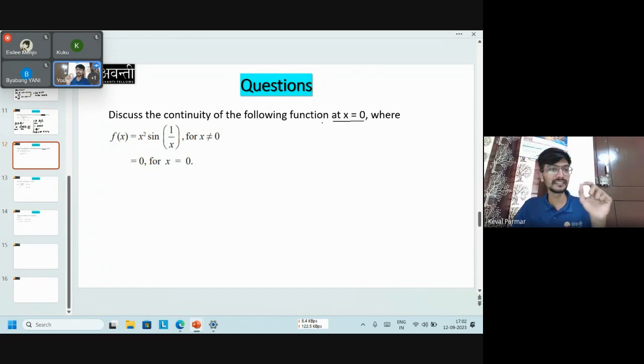Again, if you remember yesterday's class, if they have not given x equals 0, then we will check at x equals 0 because at x equals 0, the definition of the function is changing. But since they are very nice to us, they have given x equals 0. So let's start the question.